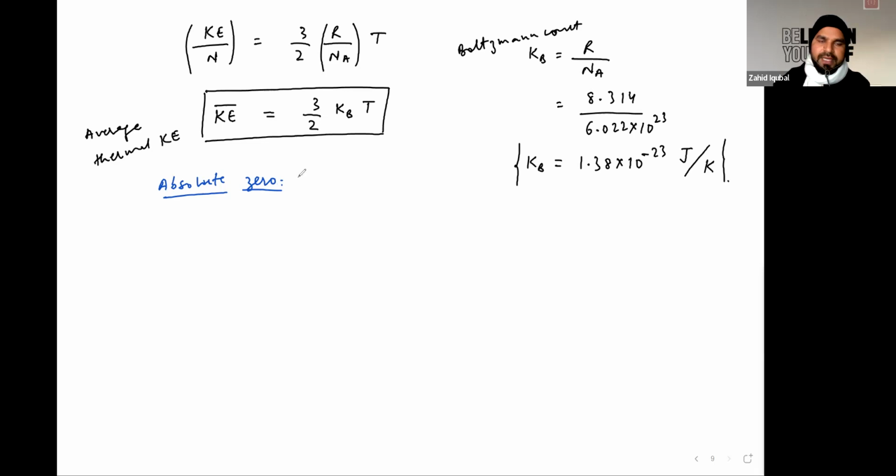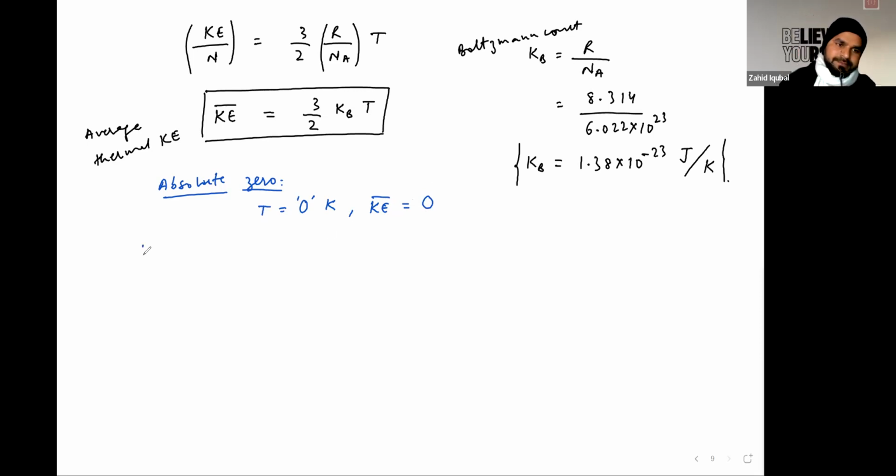If you substitute the value of T to be 0 Kelvin, you'll get average thermal kinetic energy as 0. If the kinetic energy of particles becomes 0, it means there will be no randomness of particles.